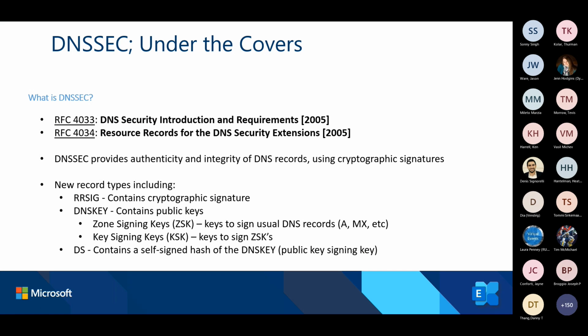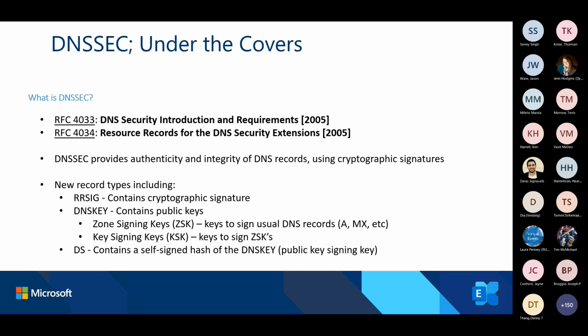Okay, so let's dive into DNSSEC. So DNSSEC was introduced in 2 RFCs. So it's kind of providing general DNS security, and specifically it provides authenticity of DNS records, that you've connected to the right name server, a name server that's allowed to give out records for this domain, and so you know these are authentic records. And then it also provides a guarantee that the integrity of the records is high, that the records were not tampered with in transit.